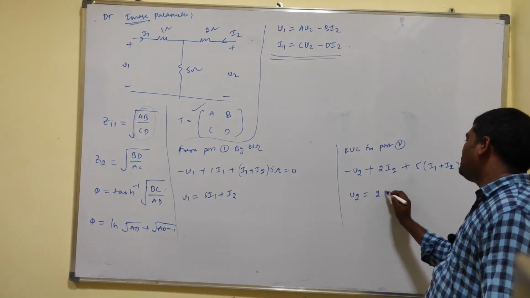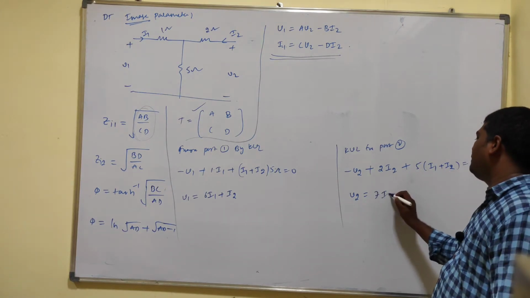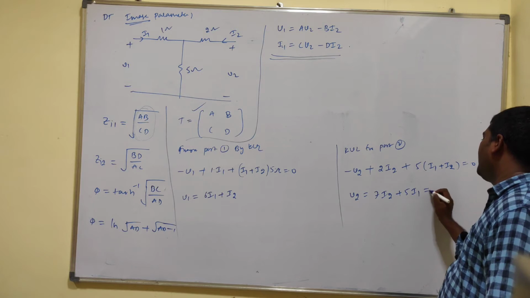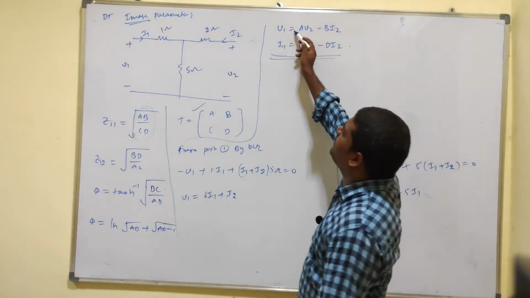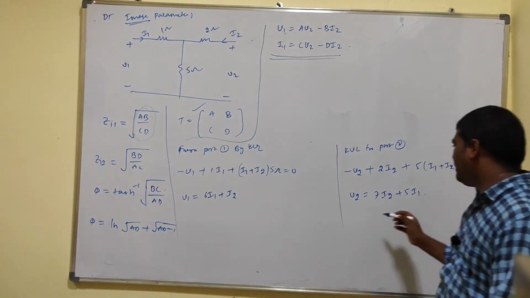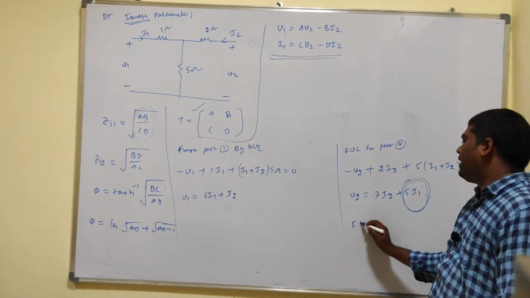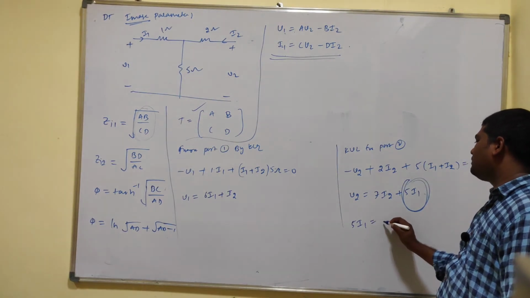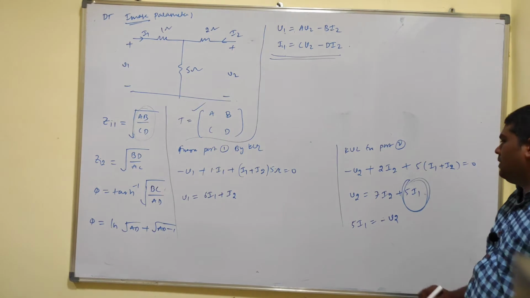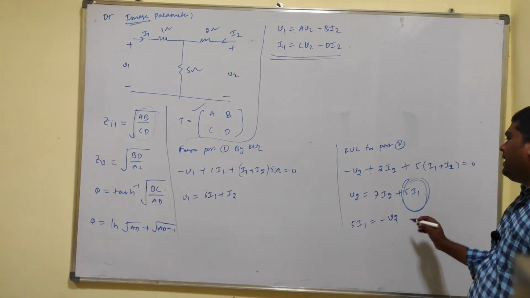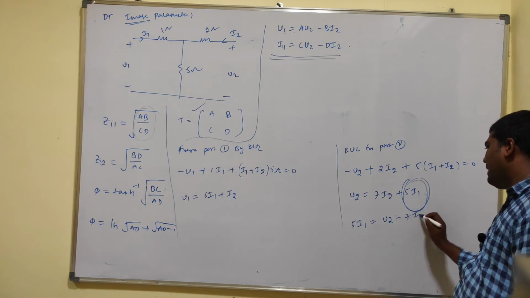So V2 equals 2I2 plus 5I2, that is 7I2 plus 5I1. We have one equation in terms of I1, so we can separate I1. So 5I1 equals V2 minus 7I2.